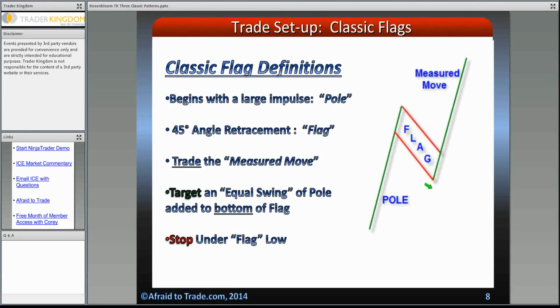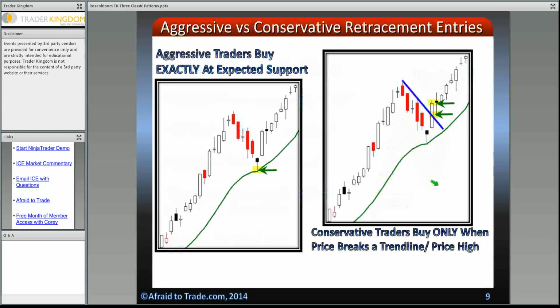Don't try to call the bottom if you're a new trader. So keeping that in mind, we'll break these entries down with respect to new or conservative traders and aggressive, more experienced or advanced traders. Again, these flags are called retracements, and an aggressive trader is trying to find the bottom of the flag.